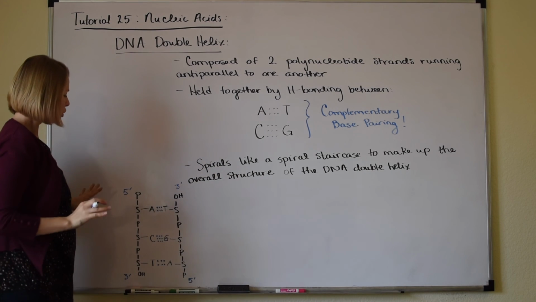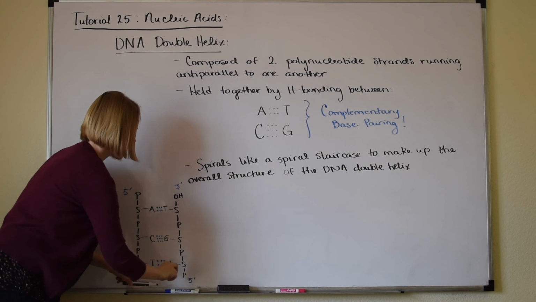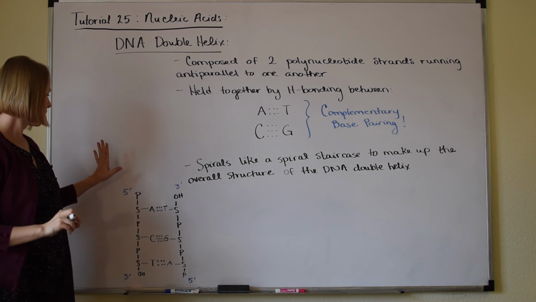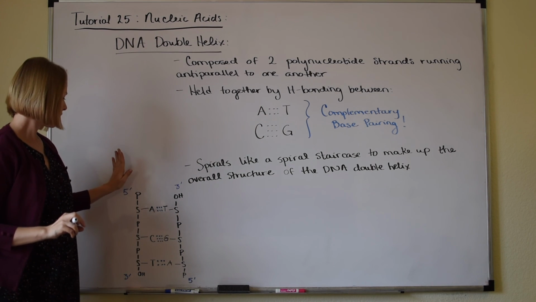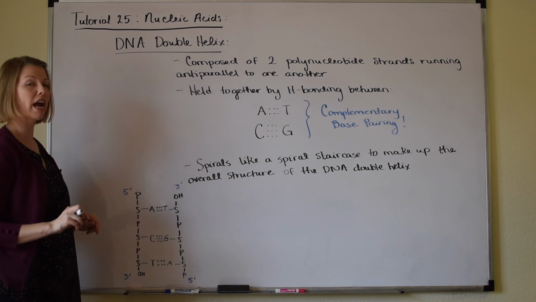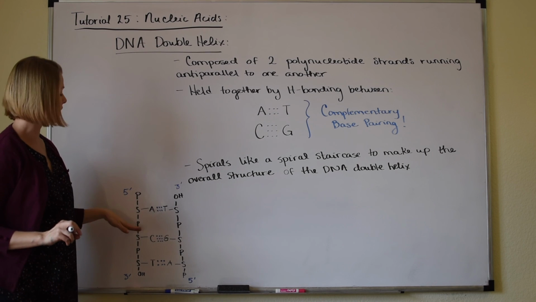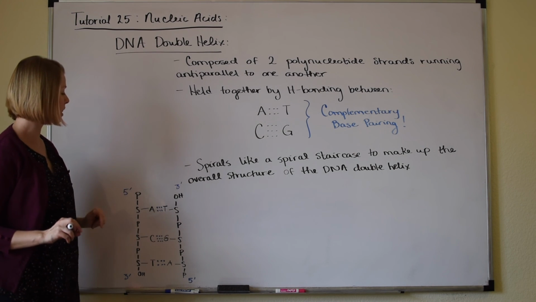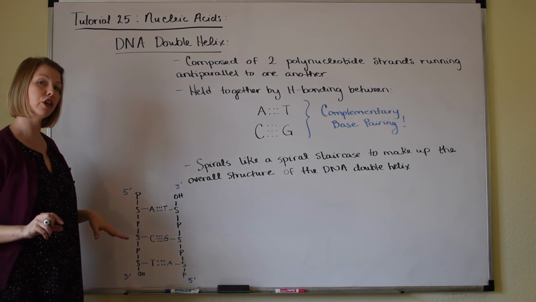All right. So you can kind of see how that double polynucleotide, those 2 polynucleotide strands, with the bases hydrogen bonding between them, starts to look like a ladder.